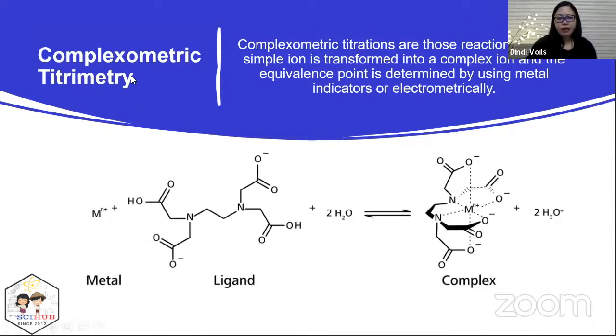Typically, your analyte for complexometric titration are metal ions. So what you do is add what's called a ligand to form a complex with the metal. And just like what Dr. Jeff McQueen said, it's important that the equation is balanced, or has the correct coefficients in front of these participating species in a chemical reaction.